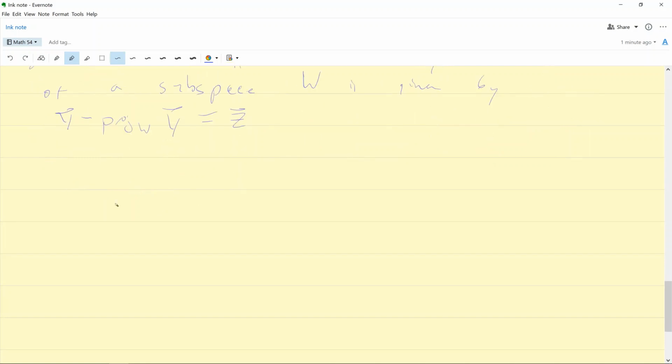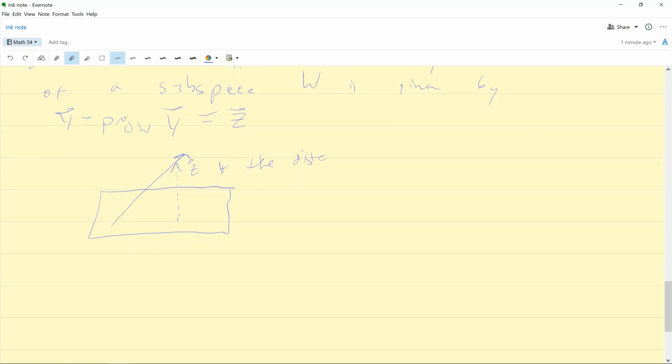So let's draw this out. We have this subspace W here, and then this vector that we want to approximate. So this vector inside W has to lie within W, right? This Z here represents this vector in W perp, not actually lying in W. So this Z represents the actual distance.